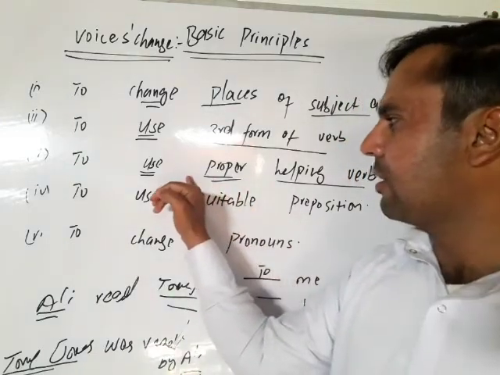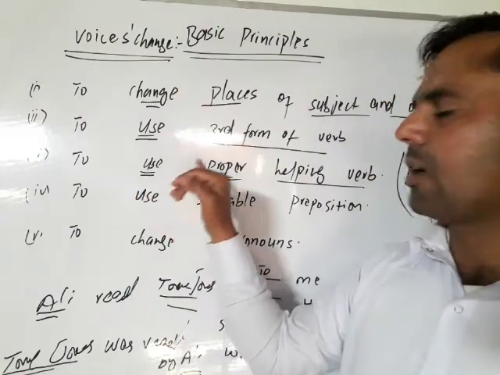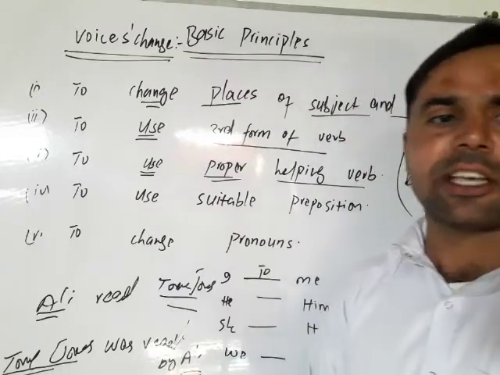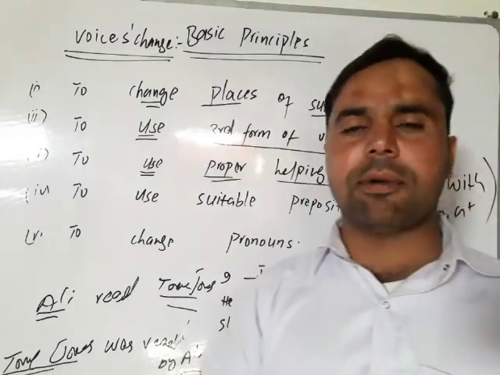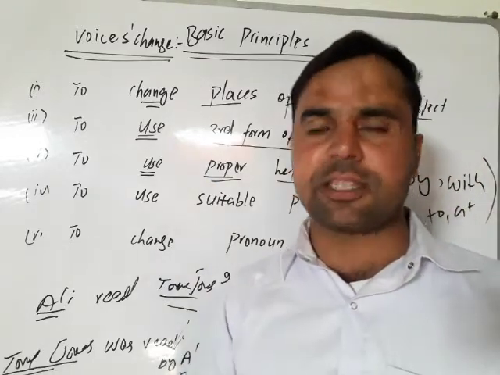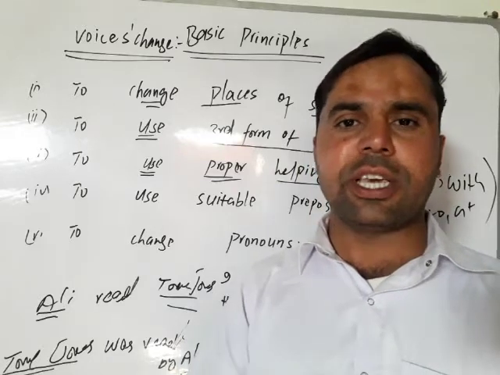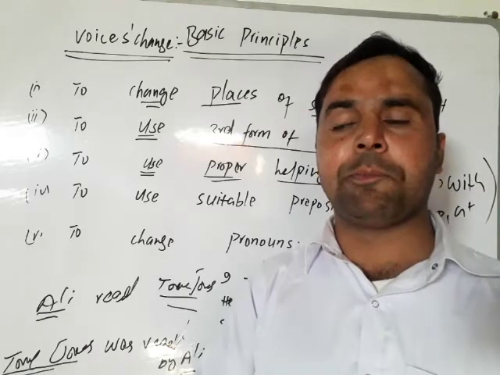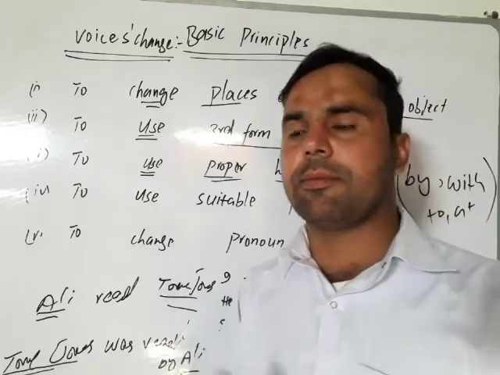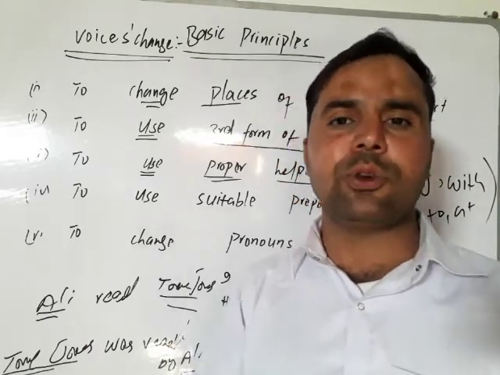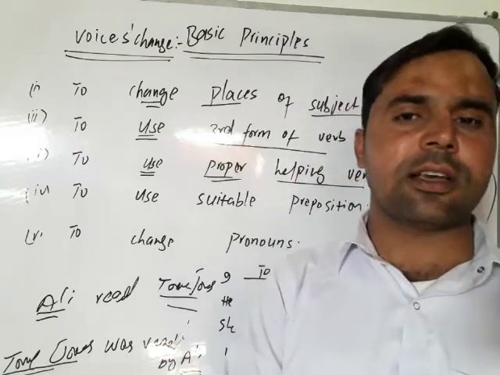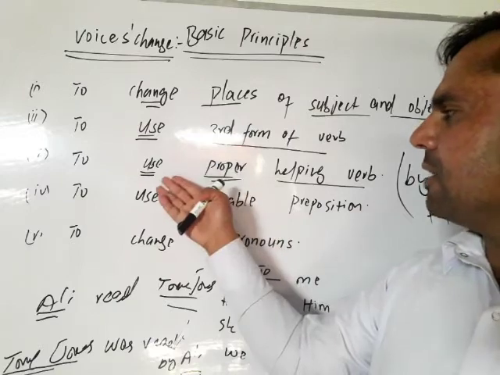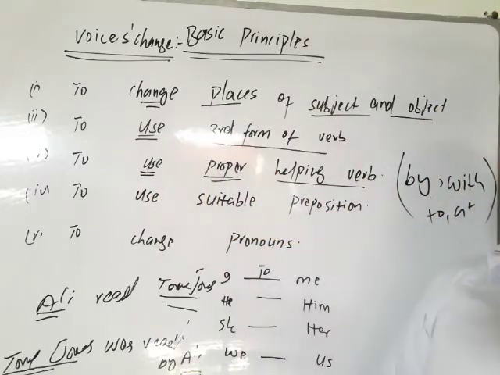The particular aspect will require particular helping verbs as well. Suppose if we are talking about a sentence of present simple, we use is, am, are as helping verbs. But if we talk about the sentence of past simple, we will have to use was and were as helping verbs, and so on. It means that every sentence has its proper helping verbs.